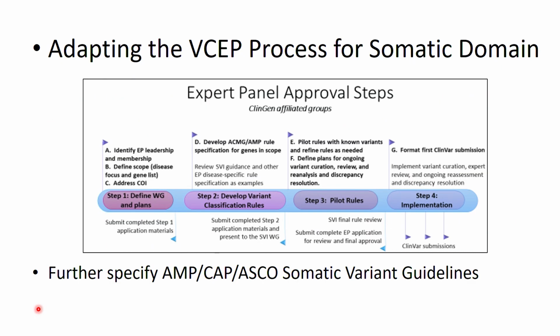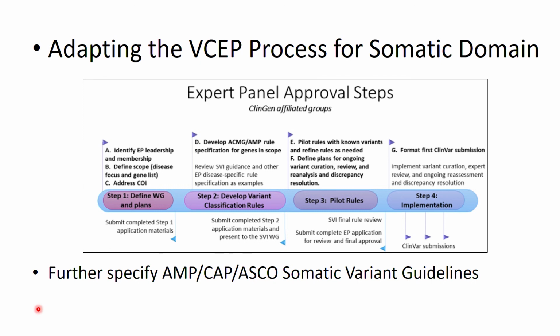This is just to illustrate that there is a very structured, very organized process of generating an expert panel, and you have to go through a process where you define your scope and your membership. You define your curation protocols and curation rules.